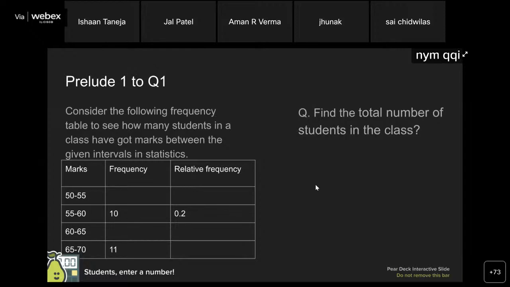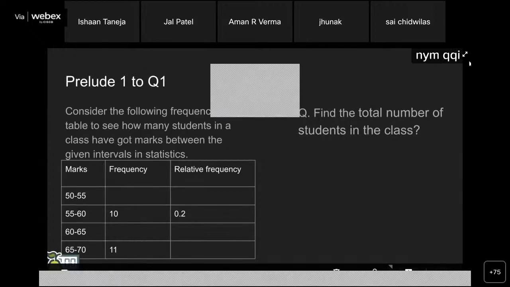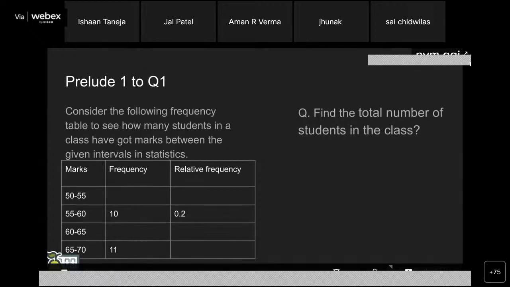You are given that there are 10 students in the second category, the range of 55 to 60 marks, and their relative frequency is 0.2. Similarly, you know that there are 11 students in the fourth category, the range of marks 65 to 70. But what you need to find is the total number of students in the class.